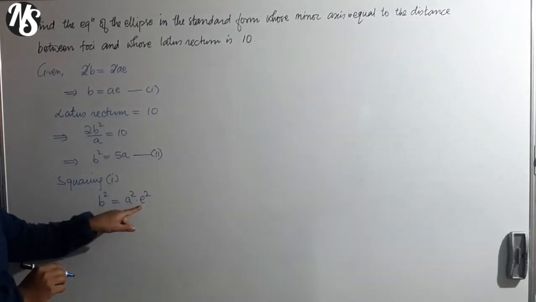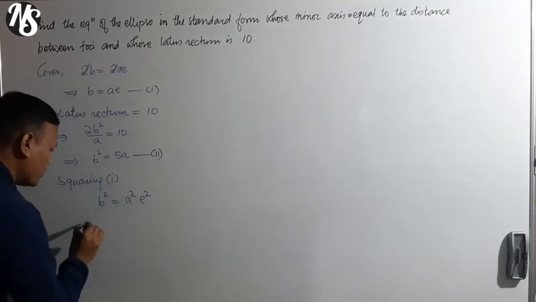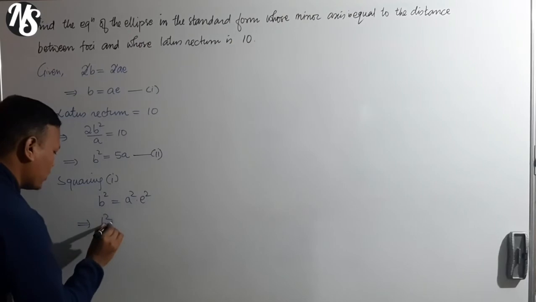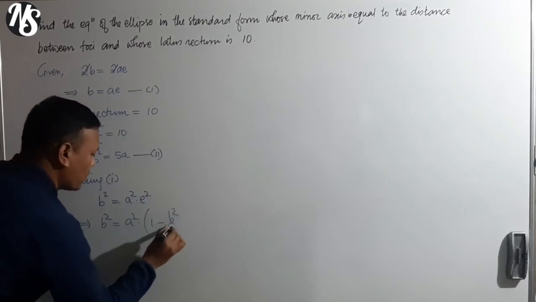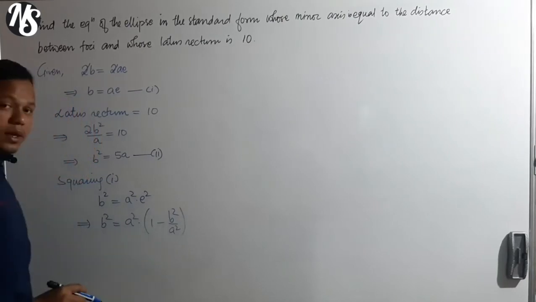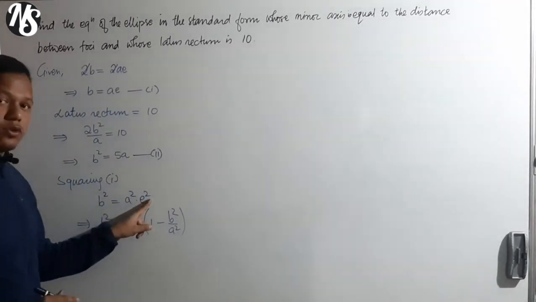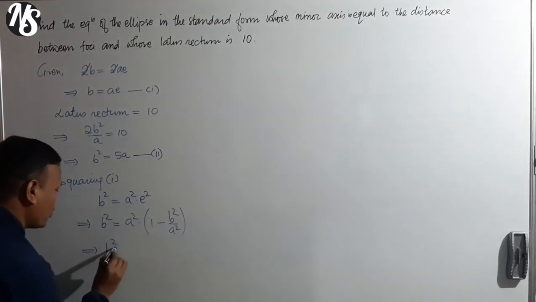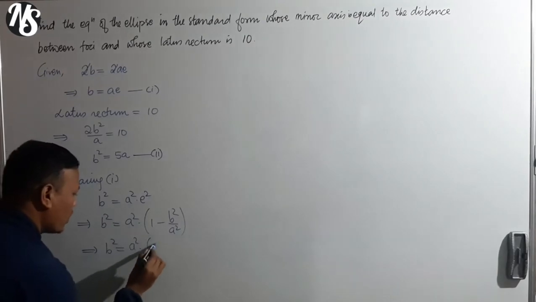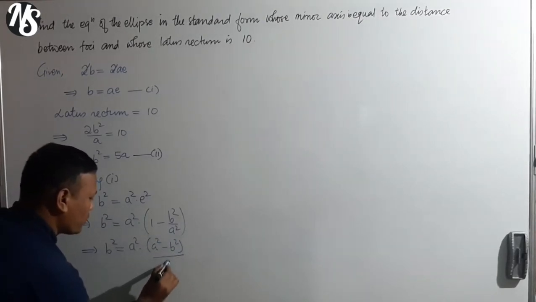And what is e square? Using the formula for eccentricity, e square is equal to 1 minus b square by a square. Now you might be wondering, where is the square root sign? That has vanished due to the square. Simplify this, so b square is equal to a square into (a square minus b square) by a square.